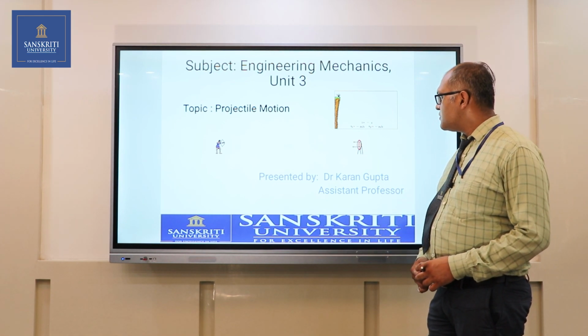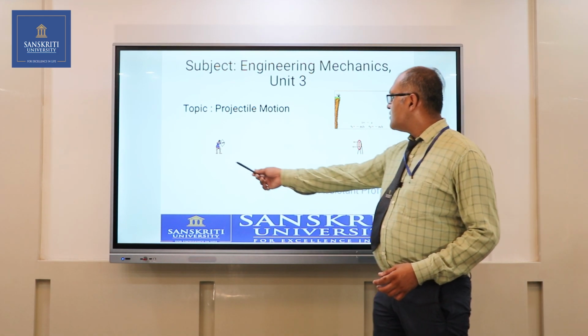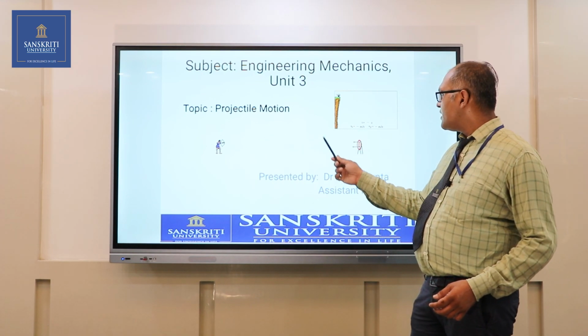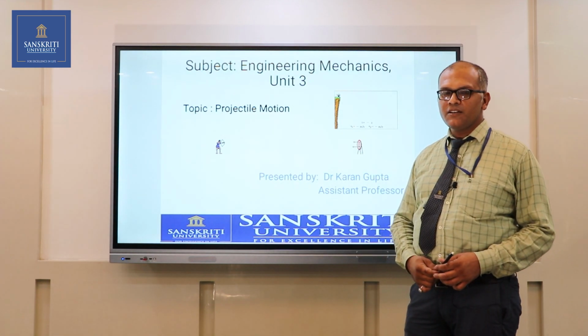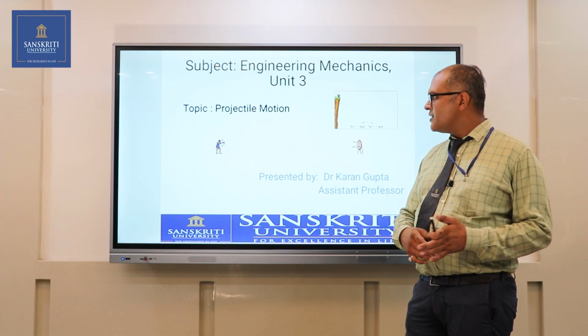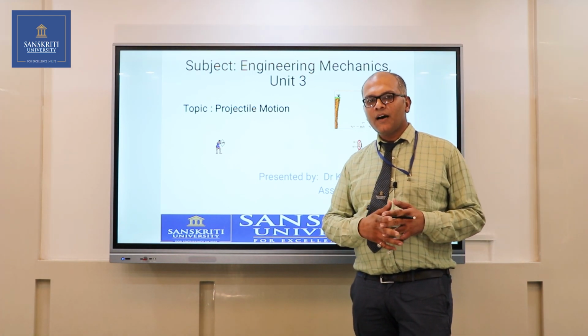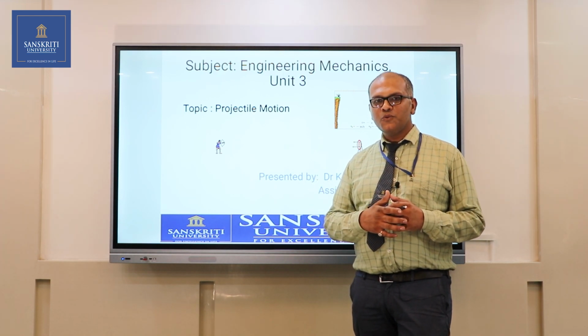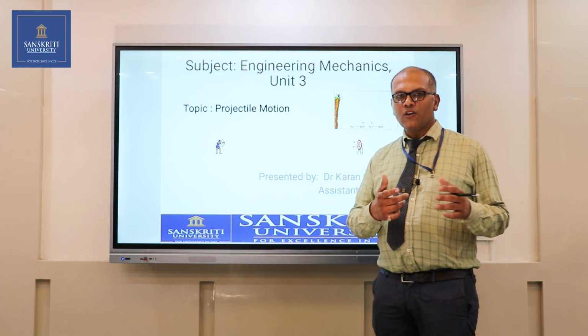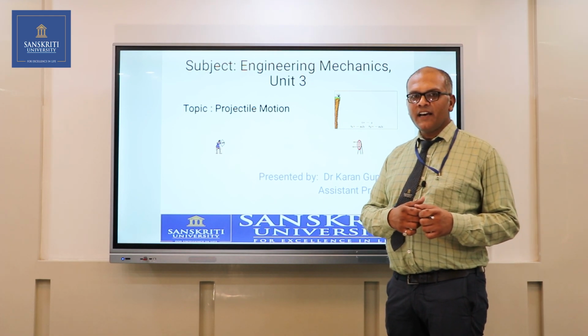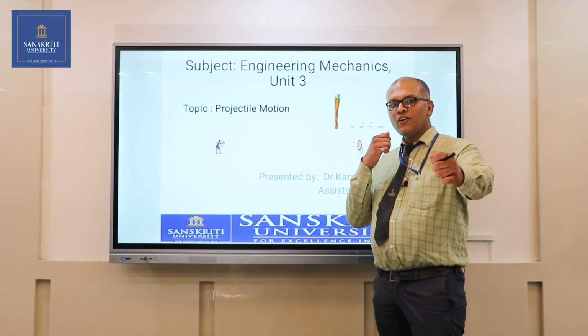Now you might be wondering what this person is doing and how it is connected to projectile motion. Many of you might have seen the Mahabharata, how Arjun or Karna used to shoot arrows. They were not shooting the arrows directly horizontally.